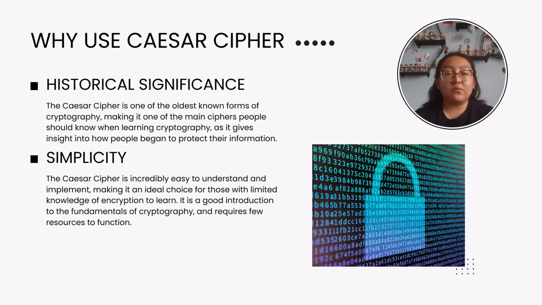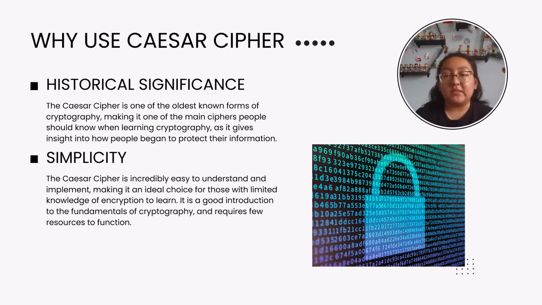So you might ask, why do we use the Caesar cipher? One of the main reasons is its historical significance, as it is one of the oldest known forms of cryptography, making it one of the main ciphers people should know if they are trying to get into cryptography. And it also gives a bit of insight into how people first began encrypting and protecting their information.